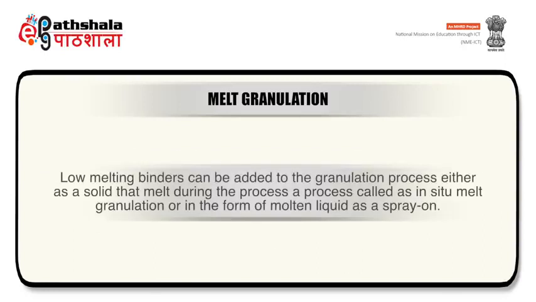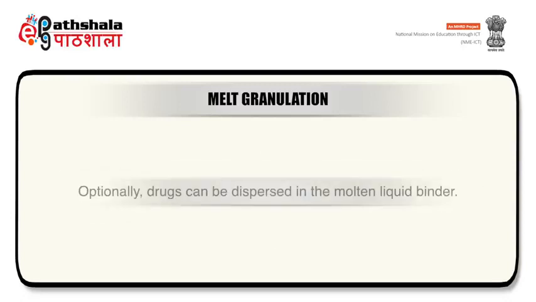Low melting binders can be added to the granulation process either as a solid that melts during the process, a process called in situ melt granulation, or in the form of a molten liquid as a spray-on. Optionally, drugs can be dispersed in the molten liquid binder.